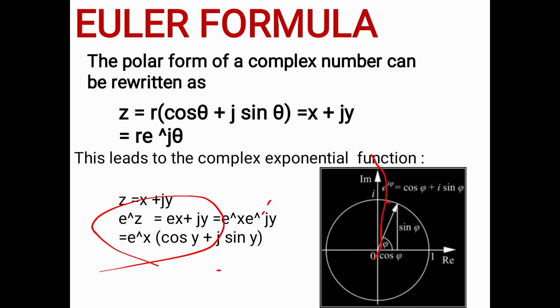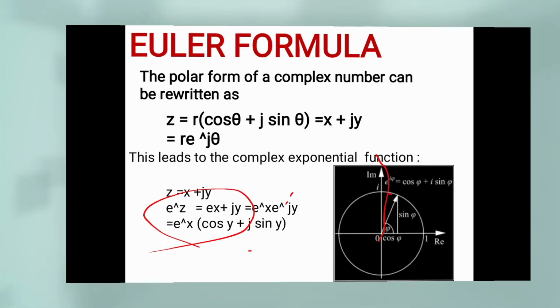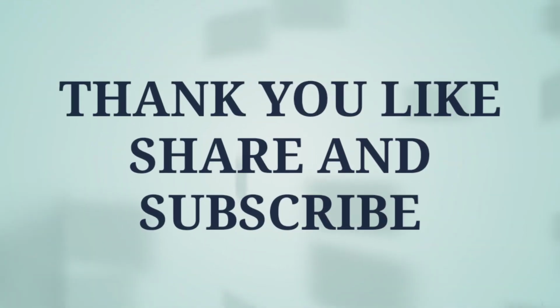This is the graphical representation of Euler's formula. Now this is the end of the theory of complex numbers, and we will talk in detail while doing the numericals, which will come to you as a separate video.